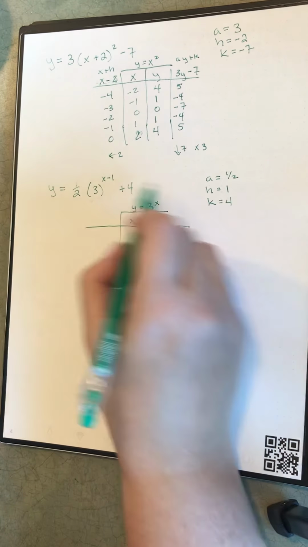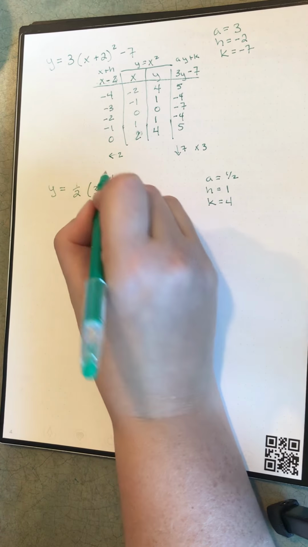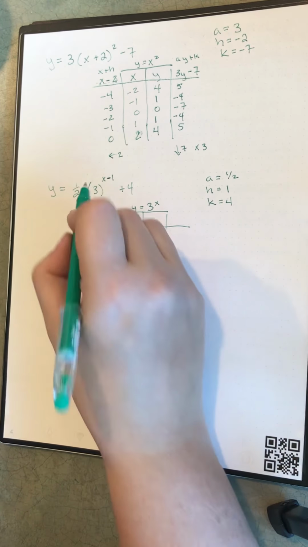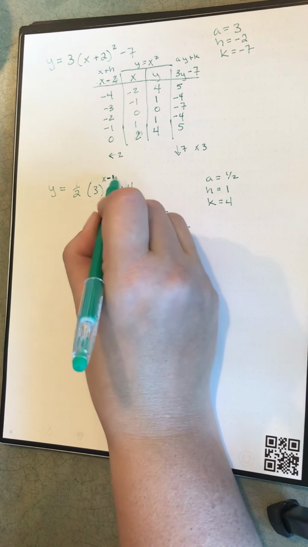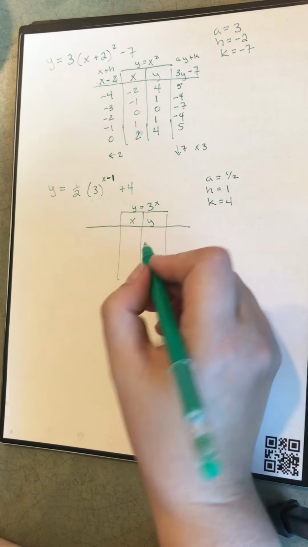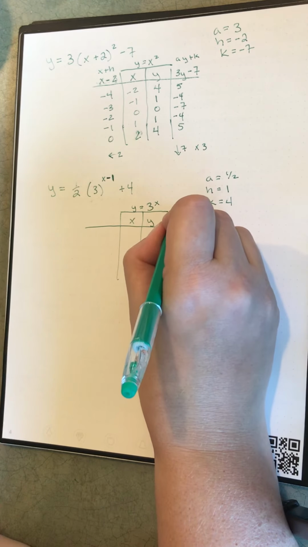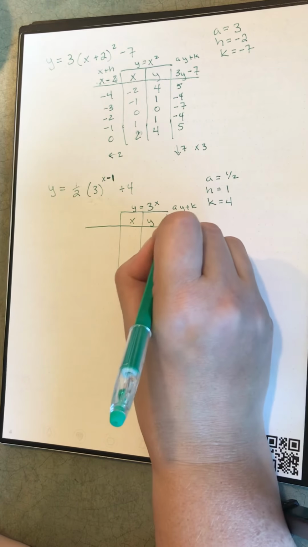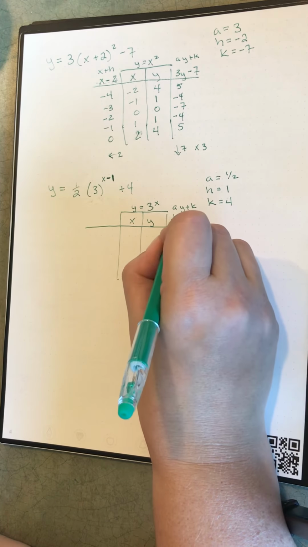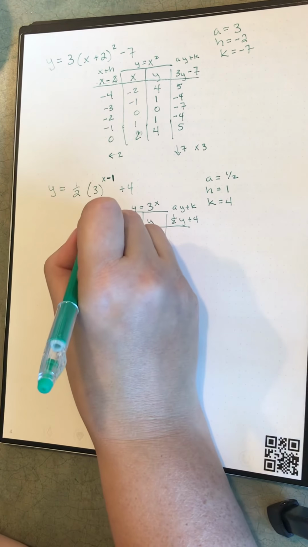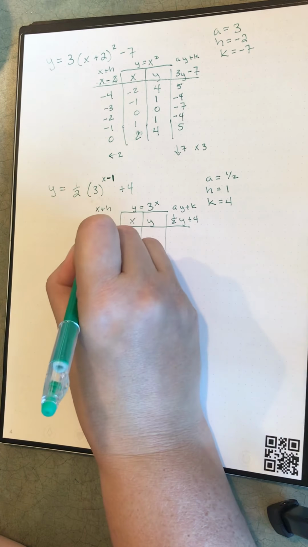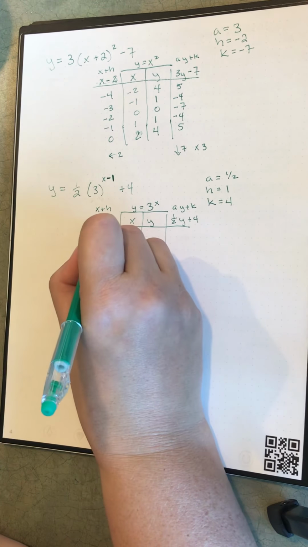Remember, the reason that it's the opposite is because this negative is actually part of the formula. So if it's x minus h, then the h is just what comes after the minus sign. Okay, so then we've got my a y plus k, so this is 1/2 y plus 4, and I have my x plus h, so this is going to be x plus 1.